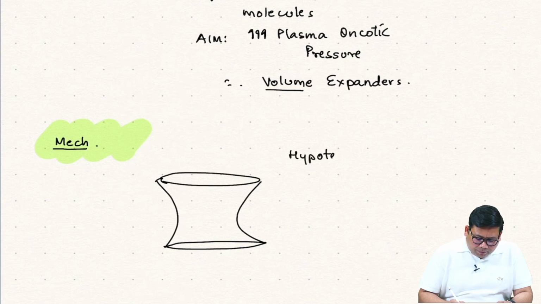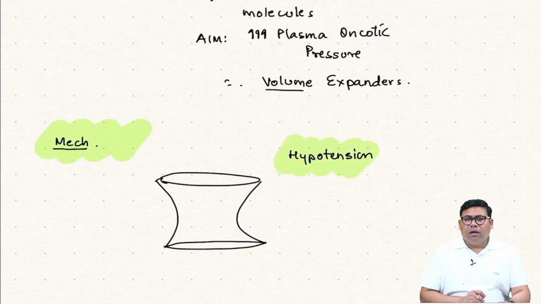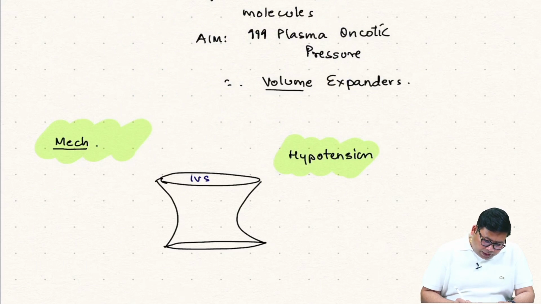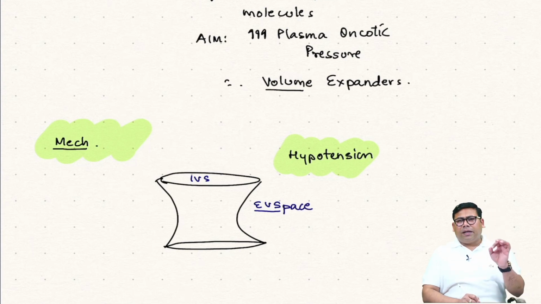You will get the blood, but that will take some time. So now the patient has hypotension. How will this colloid work? This is the IVS, intravascular space, and this is the EVS, extravascular space. So we have intravascular space and extravascular space.